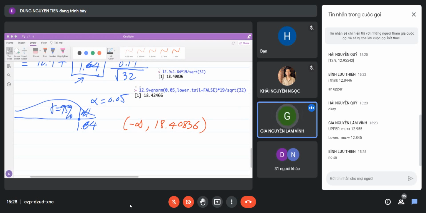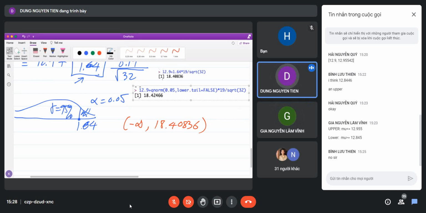Sir, I think the standard deviation is 0.19. Oh yeah, 0.19. You are correct. Let me check. Yes, perhaps because of a typo. 0.19, right? I totally agree.